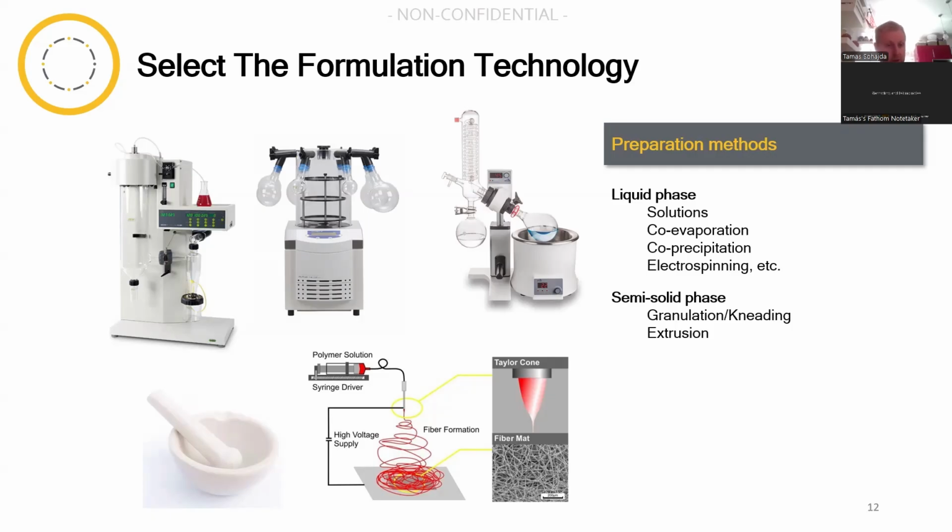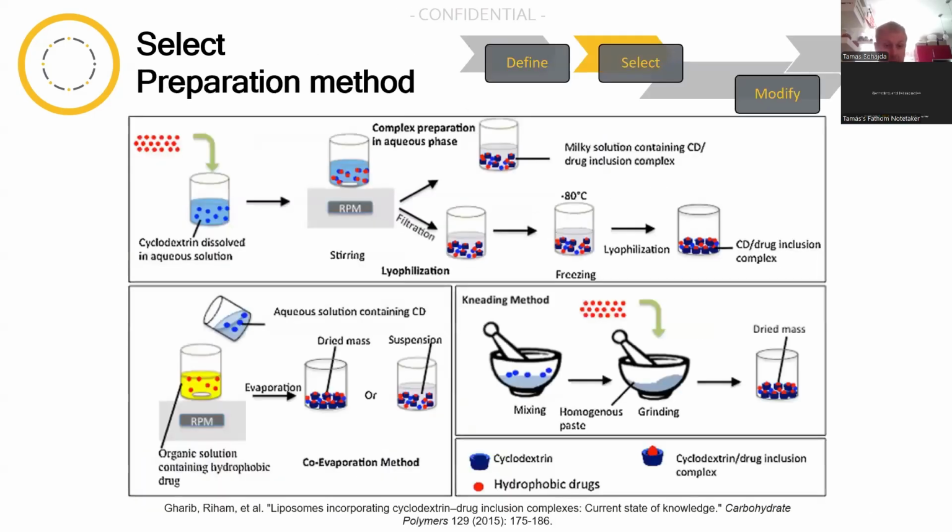You can use semi-solid techniques, so this can be done in a kneading or an extrusion kind of way, and even it can be done in a solid phase with a milling technique. So this slide kind of summarizes the different types of concept. Usually what we do, that's the mainstream technique, we create a cyclodextrin solution, add the active ingredient, and apply vigorous stirring until the complexes are formed, which are then isolated.